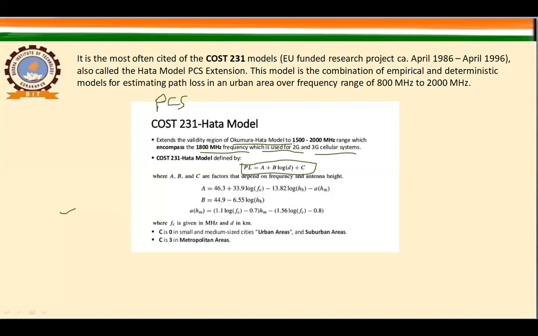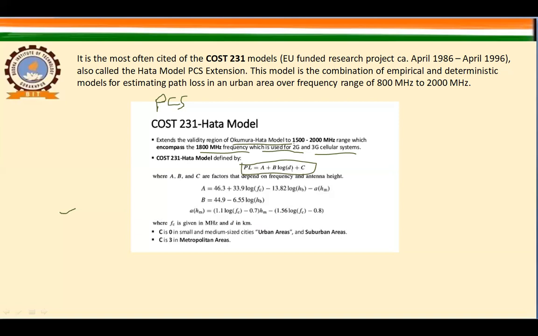AH of M is equal to (1.1 log FC minus 0.7) H of M minus (1.56 log of FC minus 0.8), where FC is in megahertz and D is in kilometers.